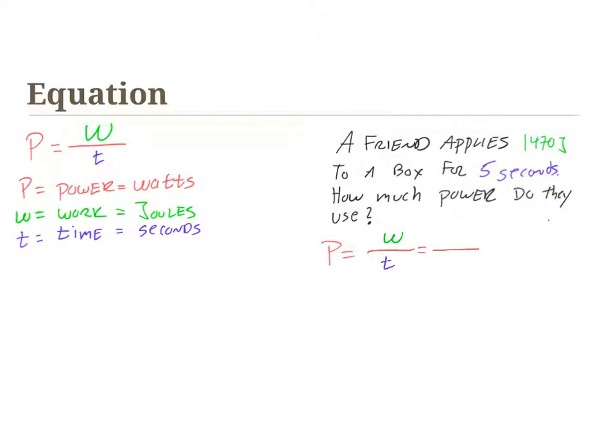So the amount of work was 1,470 joules, and the time was 5 seconds. And when I put that in the calculator, the answer is 294 watts. So all that that's really telling me is that if I take the amount of work divided by the amount of time, I can determine the power.